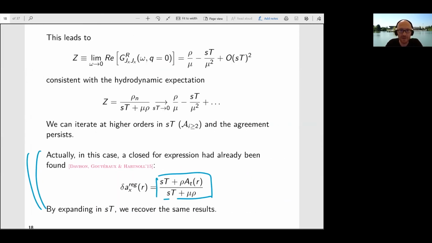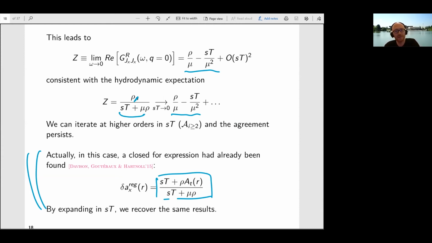So from this, we would directly be able to extract this expression. Then you can expand this order by order in ST, and you would find this type of expansion. Now, it turns out that from our expansion in ST, solving for these calligraphic A's, we get precisely this.